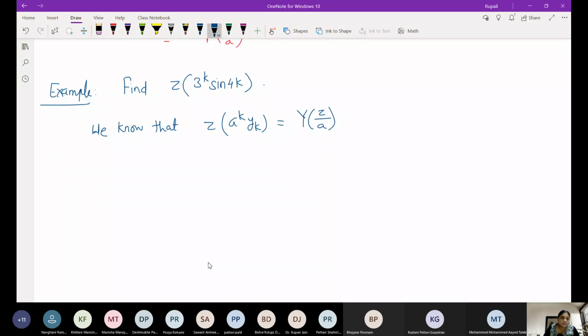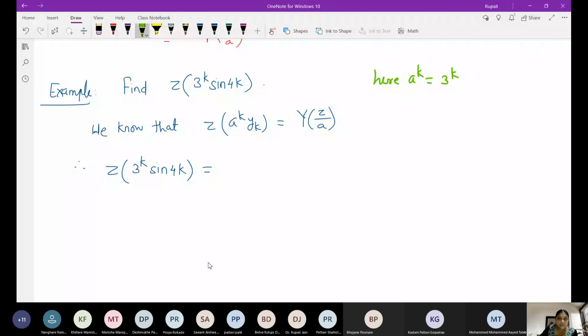So what is the Z transform of 3 raised to k sine 4k? What is yk here? Sine 4k. Here a raised to k is 3 raised to k, right?